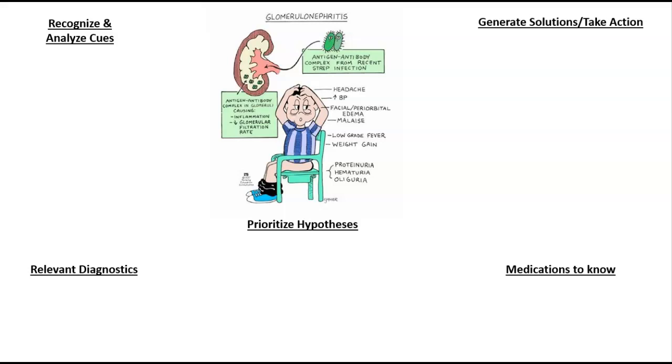We need to treat the underlying cause, so antibiotics if it's strep. So, and then the teaching that goes right along with somebody on antibiotics of taking all the antibiotics as prescribed, looking for secondary infection. If the problem that we're treating is not post-strep, but instead an autoimmune disorder, let's look at Goodpasture syndrome, which is autoimmune.